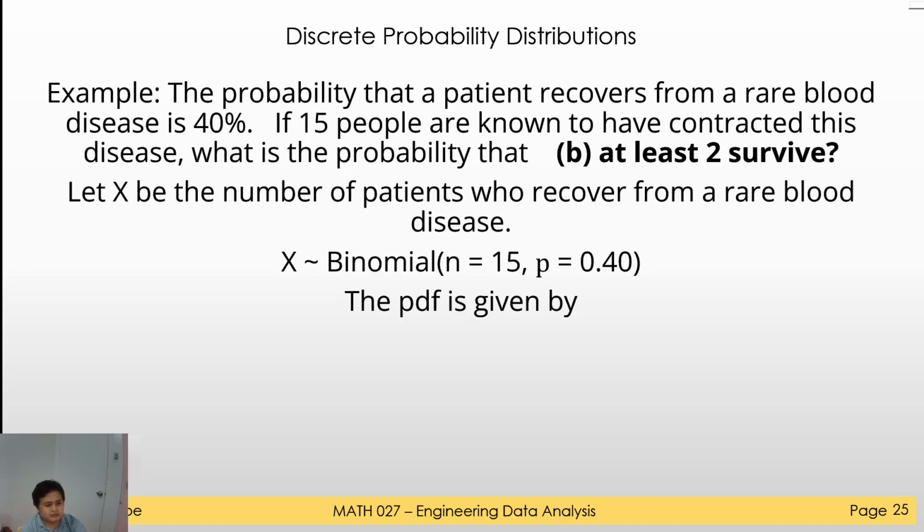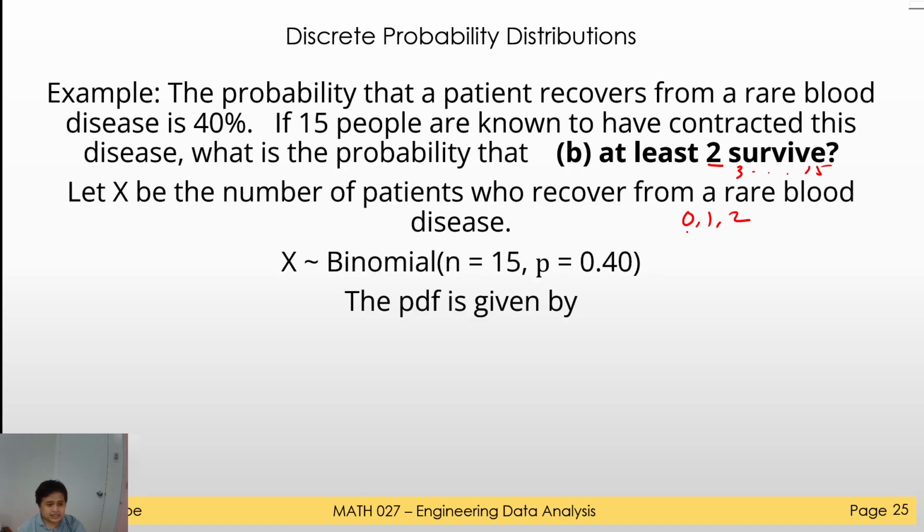So how about when at least 5 will survive? So how do we do that now? Instead of calculating 2, 3, 4, and up to 15, in avoiding that scenario where we have to calculate everything from 2 to 15, since we say at least, we can just find the probability that no one will survive, so 0, and 1 will survive, and 2 will survive.